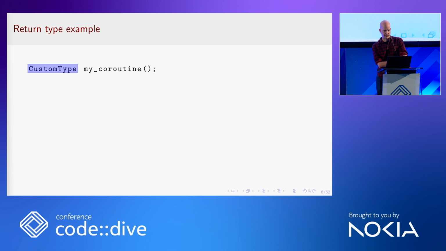So a simple example that you could have is a coroutine here, and then the return type of this is what we're talking about here. And you will notice by just looking at the function, you have no way of telling whether this is actually a coroutine or just a normal function. You can't tell this from the outside.